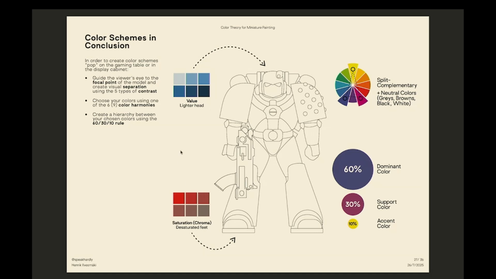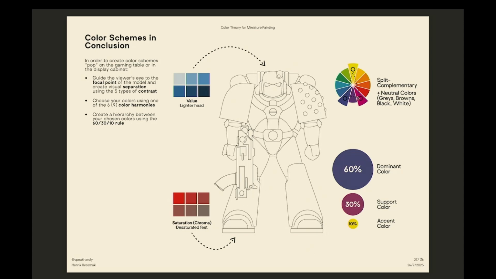What you essentially want to do is put the lightest colors, for example the value contrast, on the head of the model, because that's where the human eye naturally gravitates towards with humanoid characters, in order to not be in contradiction to your natural perception. So you want quite a bit of contrast to bring up the face, but then you can be more subdued in the legs to drive up this hierarchy. So you'd essentially create a more grayish tone for the legs.